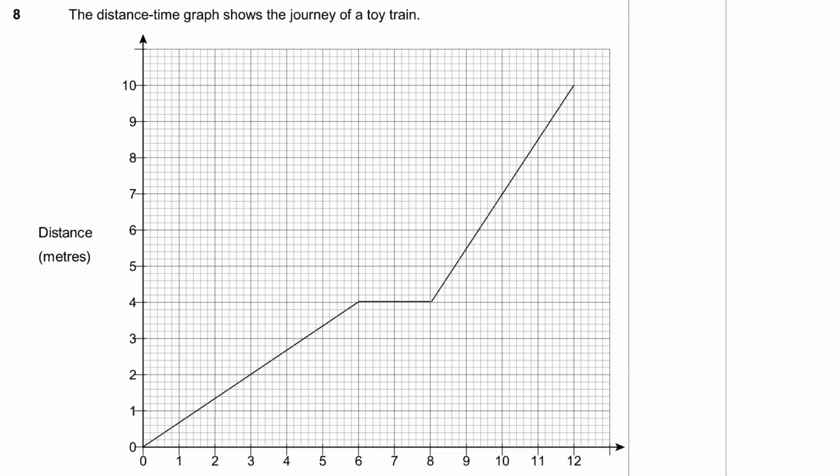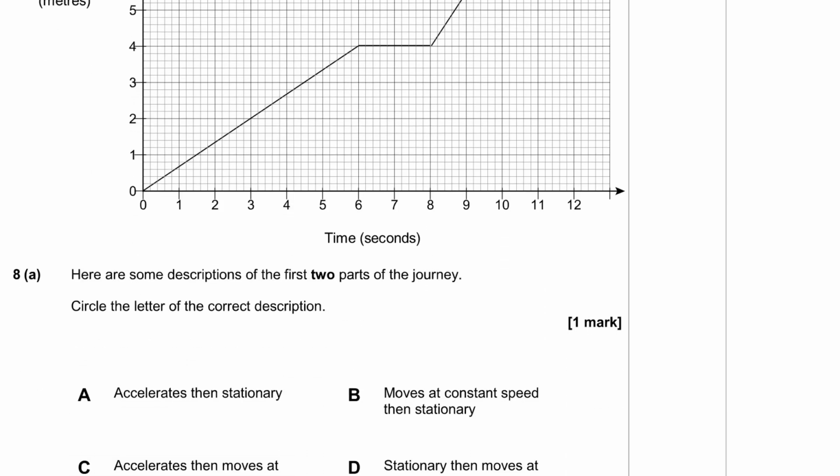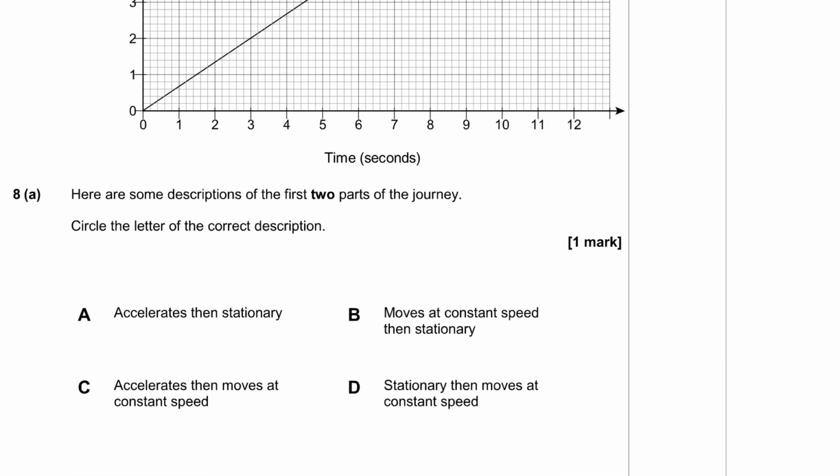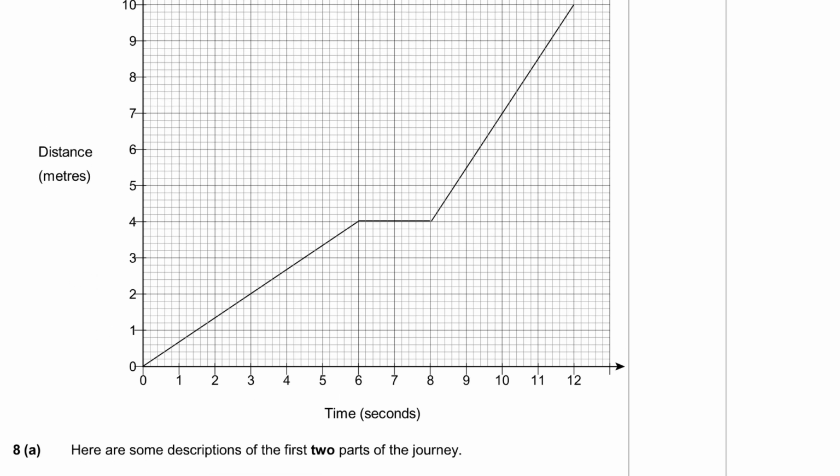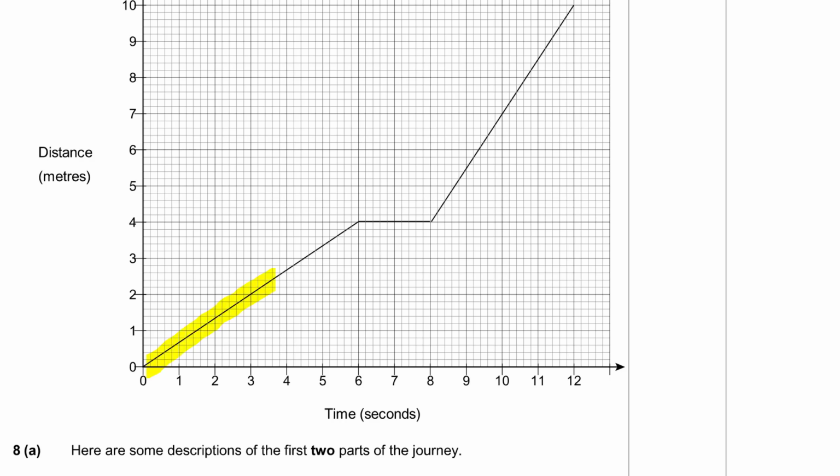Question 8 gives us a distance time graph showing the journey of a toy train. And underneath we have 4 possible descriptions of the first 2 parts of the journey. Now let's have a look at the first 2 parts of the journey. This first part here is a straight line, and it is increasing as time increases, so it's sloping upwards.